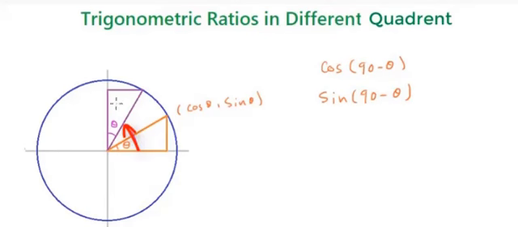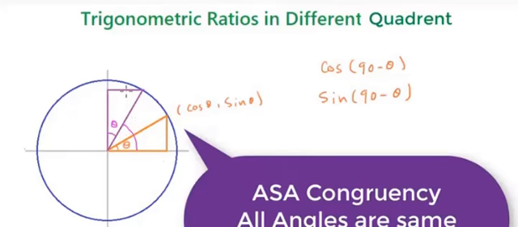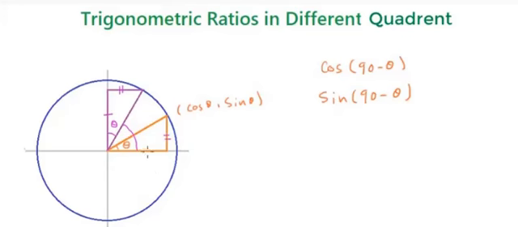So here if you see properly, the triangle in purple and the triangle in orange are congruent triangles. That means this length is actually equal to this length and this length is equal to this length. That means the value of the x coordinate of this point will actually be equal to the value of the y coordinate of this point, that is sine theta, and the value of the y coordinate of this point will actually be equal to the value of the x coordinate of this point, that is cos theta.